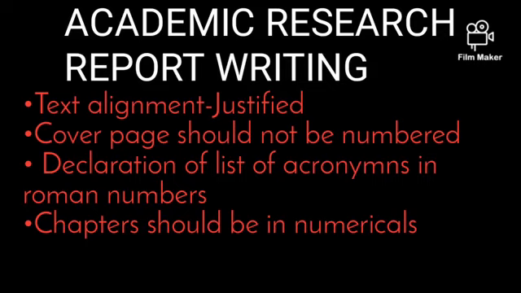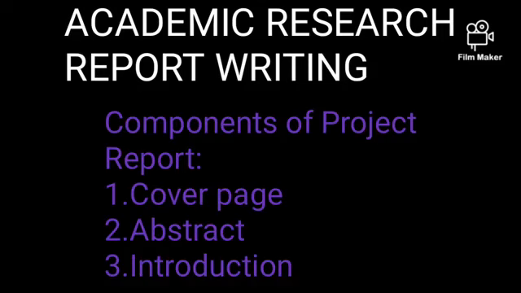Now, looking at the different components, in most cases we normally start by counting from abstract as component number 1, but we also need to consider that cover page is also part of the project, and therefore we can also include cover page as one of the components.